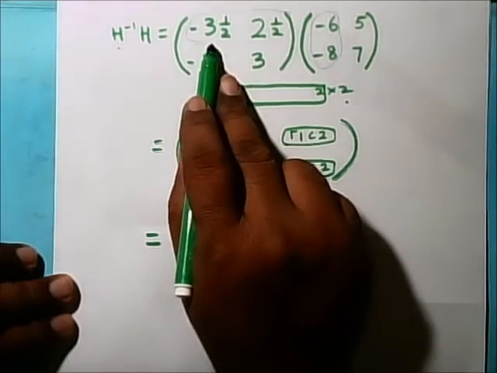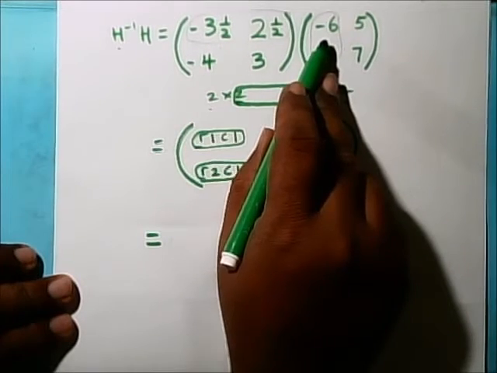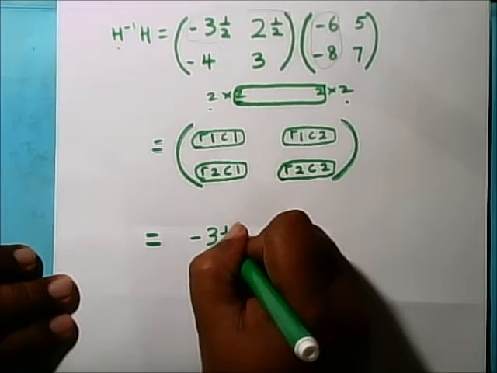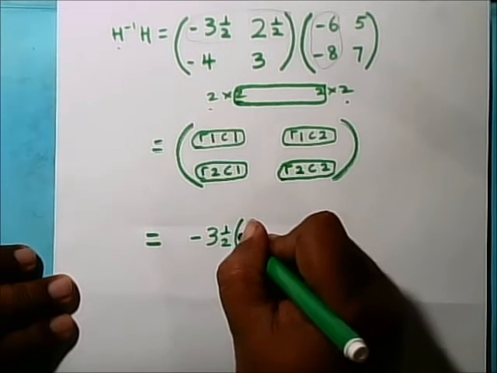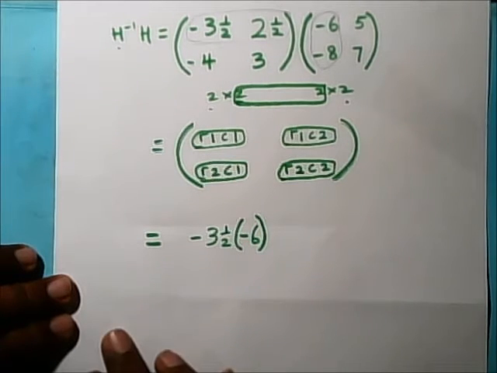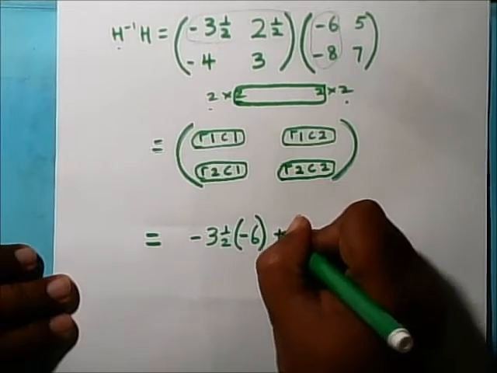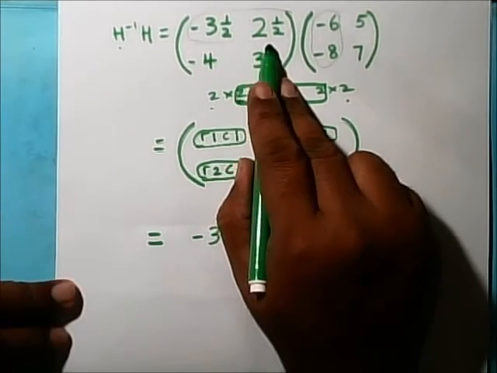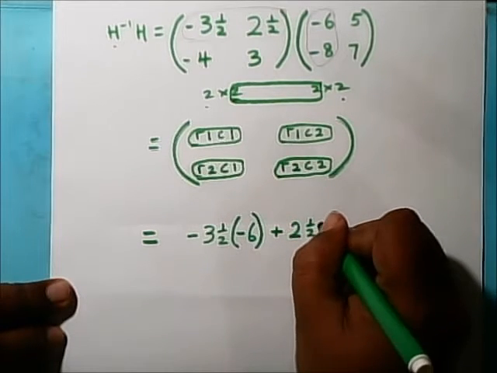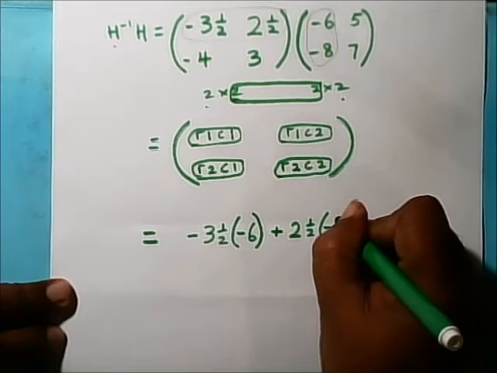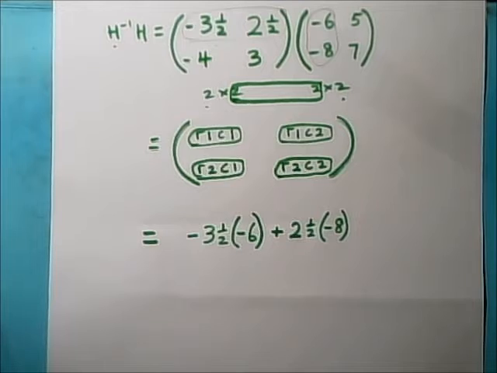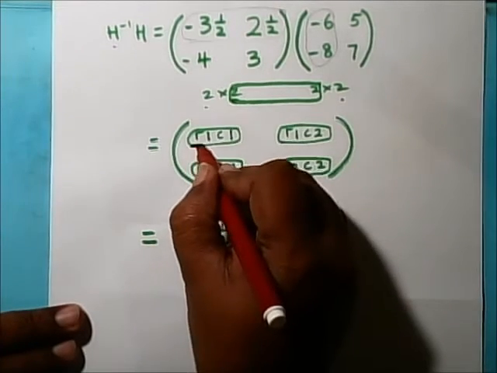That will be minus 3.5 times minus 6, added to 2.5 times minus 8. That there alone will give me this here.